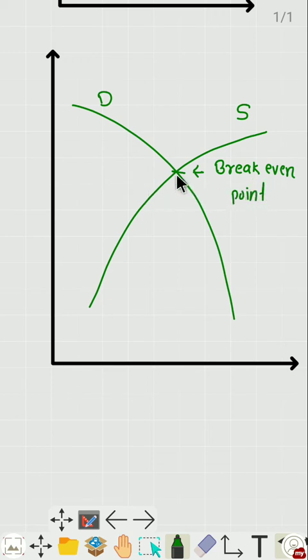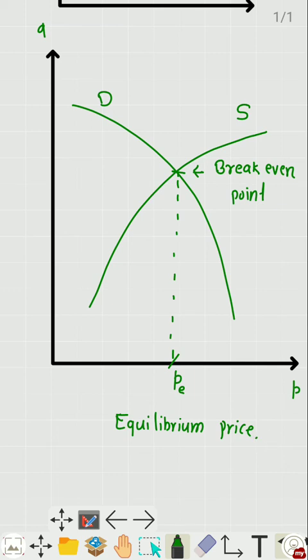If we drop a perpendicular from this point onto the price axis p, with the quantity axis here, we get the point PE, which is called the equilibrium price.